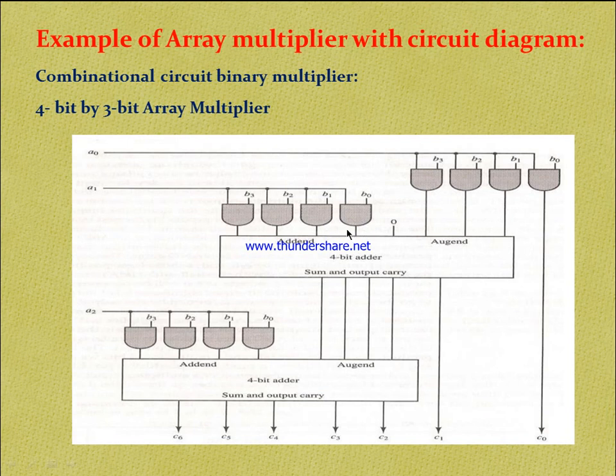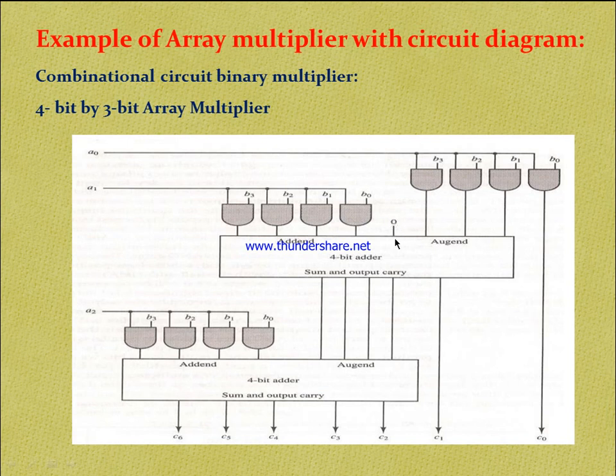We know the array multiplication concept, that these two partial products should be added. To add these two partial products, we require one 4-bit adder. This is one 4-bit number, and this is another 3-bit plus 1 bit, that means a 4-bit number, so this bit is always 0.